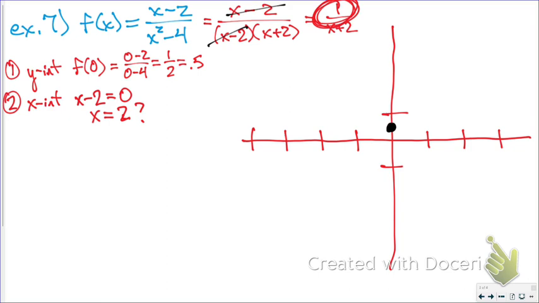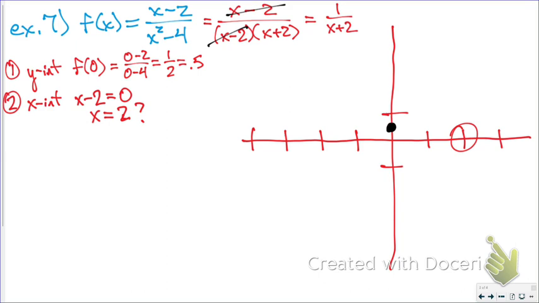There's a 1 there. If I set that equal to 0, I get a false statement. That's a sign that something weird is going on at 2. We don't have an x-intercept there, and you'll see why in a second. So I'm going to circle that spot because I know something's going on.